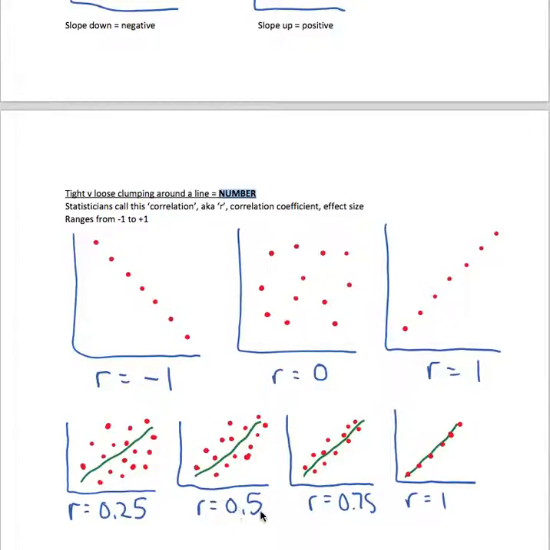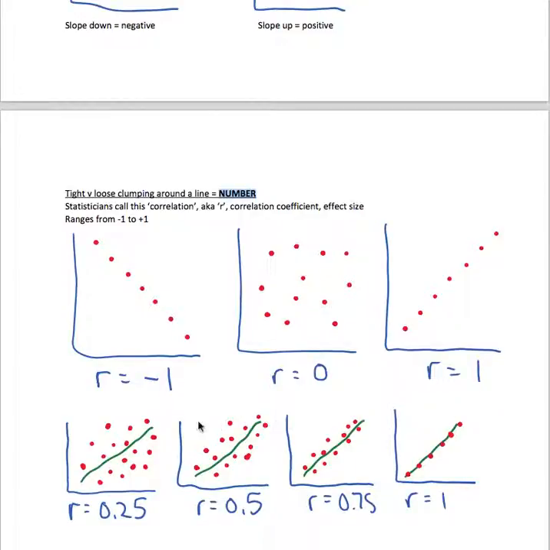A correlation of 0.5 would be squished even more. The points are even closer and closer to this line. A correlation of 0.75, those points are very close to the line. And then a correlation of 1 means that all of the data points fall exactly on a straight line.